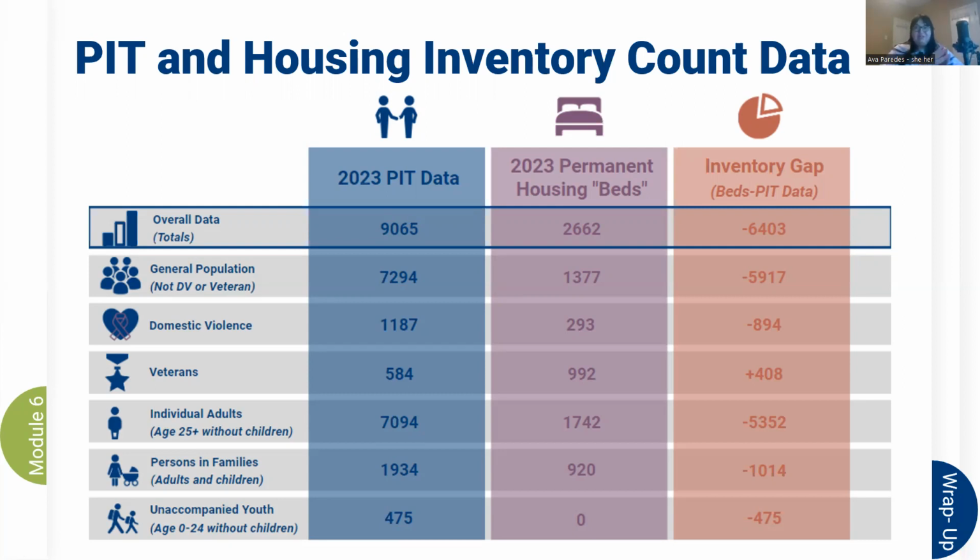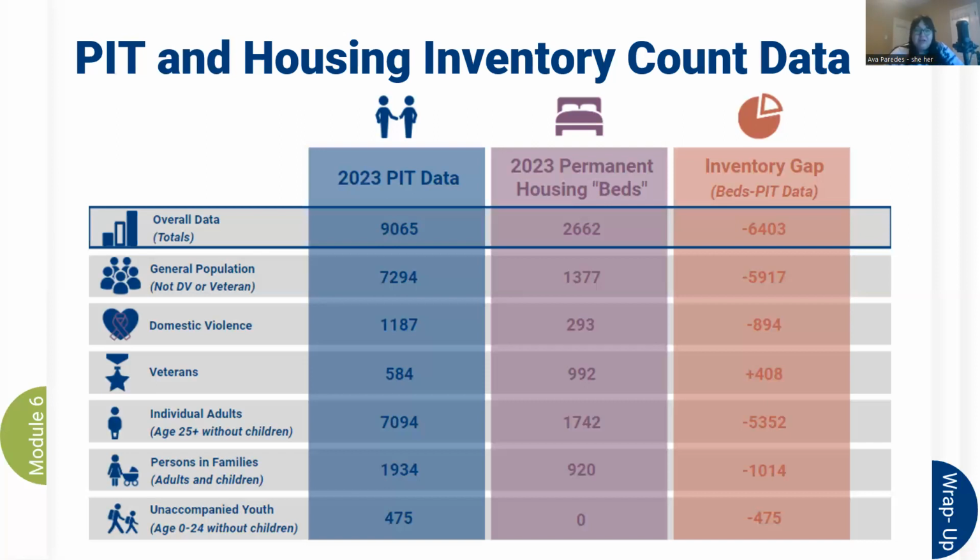So the PIT measures people, the HIC measures housing, and when we look at them together, we can analyze both the need and what we have available to us. So these permanent housing beds include both rapid rehousing and permanent supportive housing beds. So this type of analysis can be really powerful to help demonstrate the needs as well as the capacity your community has to respond to that need, like I mentioned.